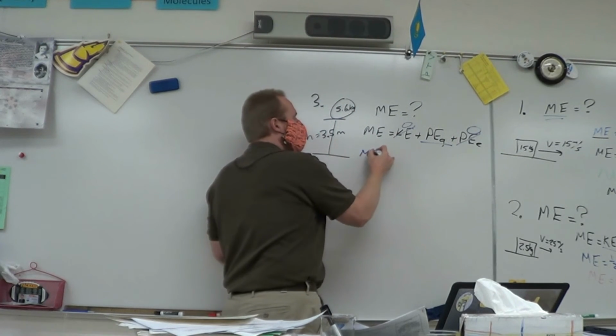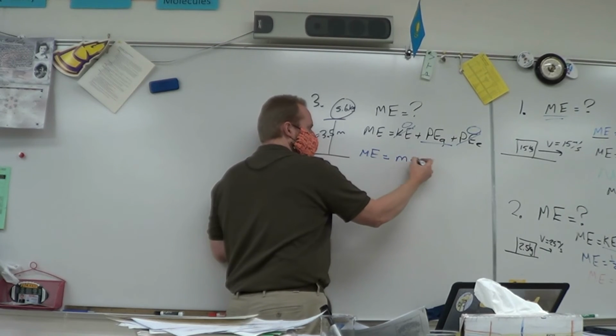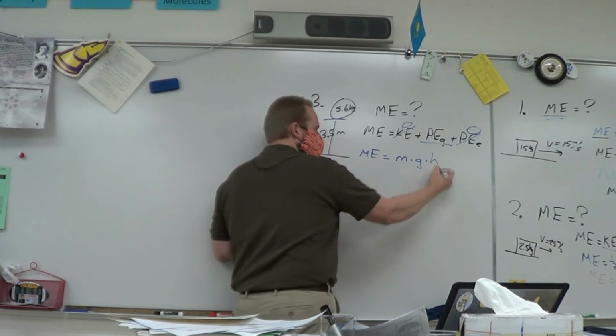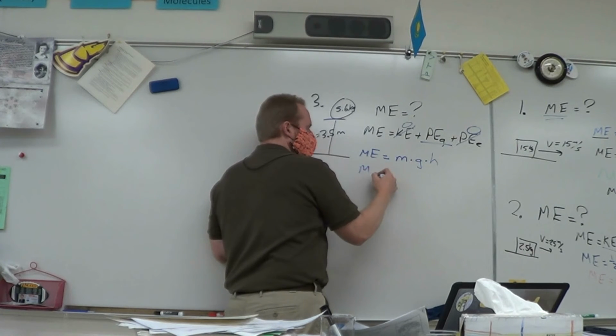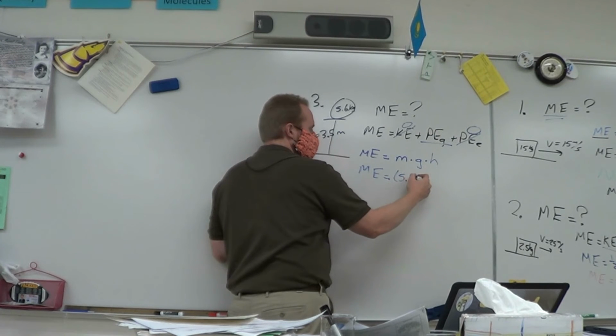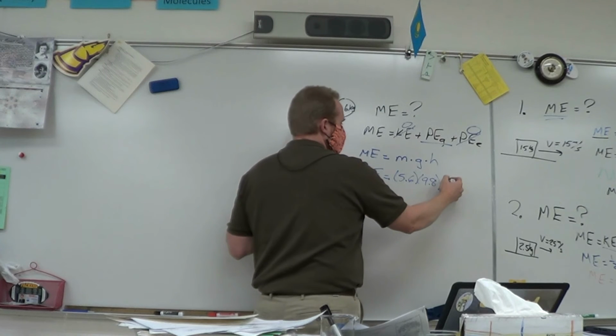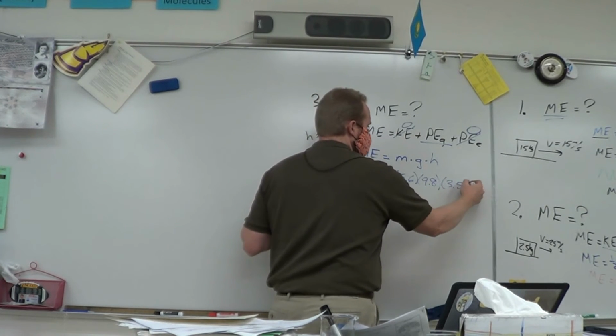So ME, all of our mechanical energy comes from PEG, which is M times G times H. Our mechanical energy is 5.6 times 9.8 times 3.5.